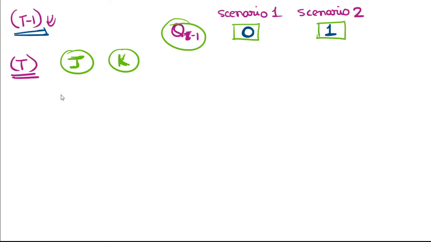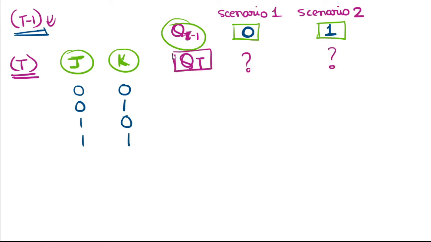So we consider the inputs to be j and k here. There are only four possible combinations for a JK flip-flop. What are those? 0 0, 0 1, 1 0, and 1 1. Now this is q at time t. So what will be the new qt? If it changes from qt minus 1, that basically means that our value has been written.